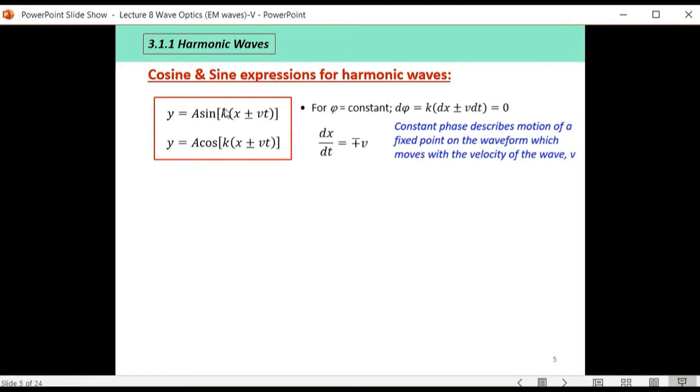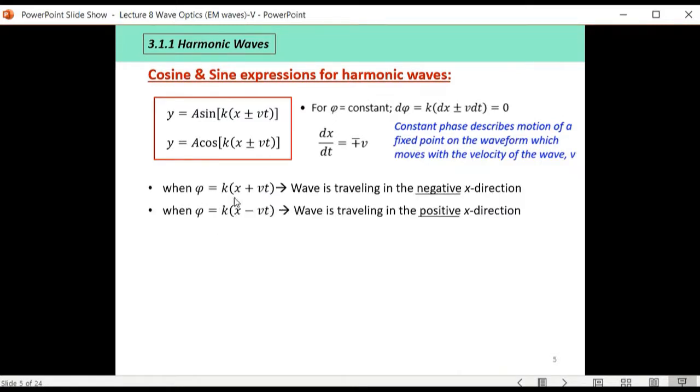For phase that is constant, the change of this phase will be equal to 0, which means that k into dx plus or minus v dt will be equal to 0, and that will give us dx/dt is equal to negative or positive v. And when we say constant phase, it actually describes the motion of a fixed point on the waveform that moves with the velocity of the wave v.